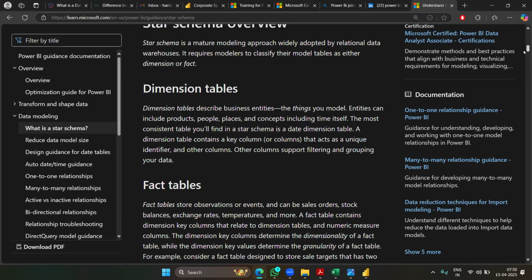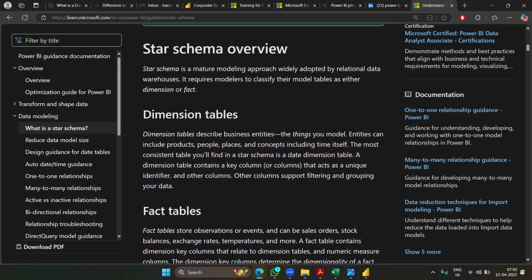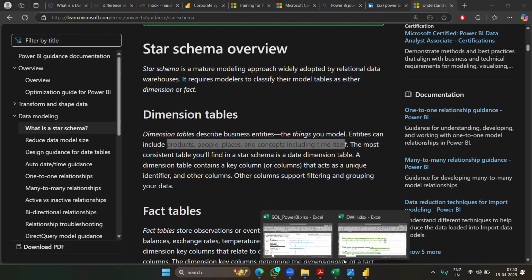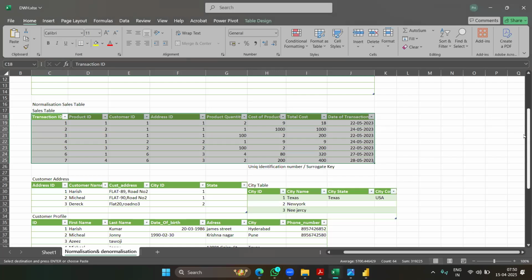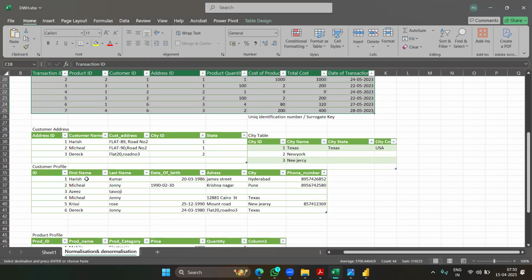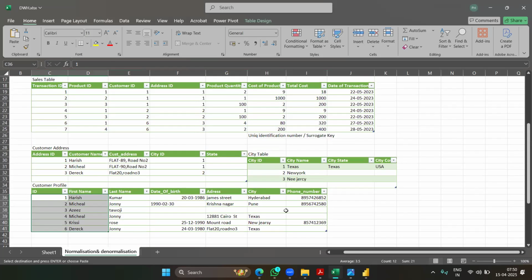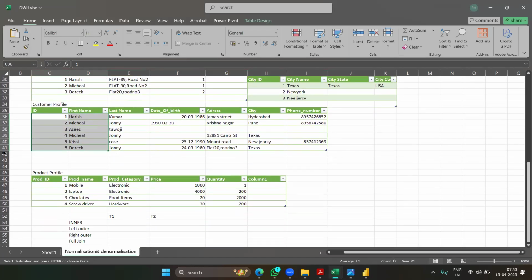Now, let us see in detail. A dimension table describes business entities. Entities can be products, people, places, and concepts, including time itself. That's what we have seen. The dimension table stores customer-related information and product-related information. Suppose you want to see total sales by laptops, or total sales by electronic goods.